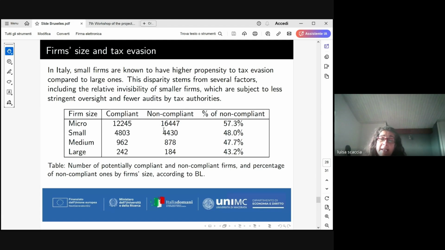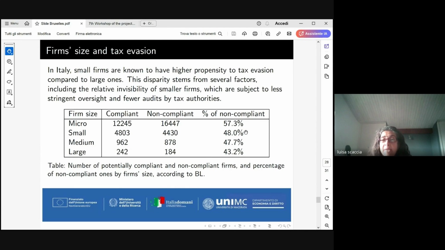Another well-known stylized fact about tax evasion in Italy is that small firms have a higher propensity to evasion compared to large firms. Here we didn't have the aggregated data for the ISA index, so we are just considering the Benford law. What we got with Benford law, you can clearly see, is that the percentage of non-compliance is decreasing as the size of a firm increases.